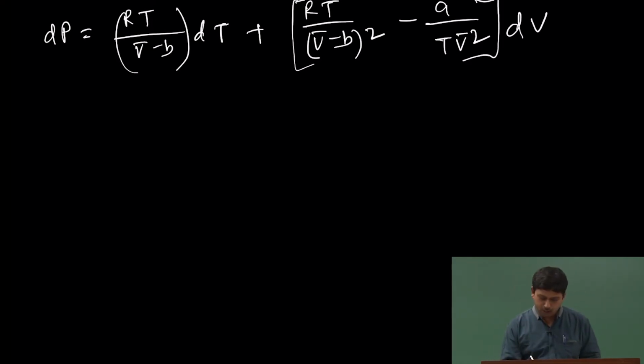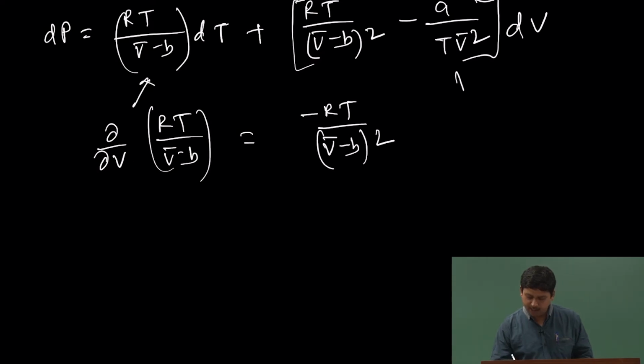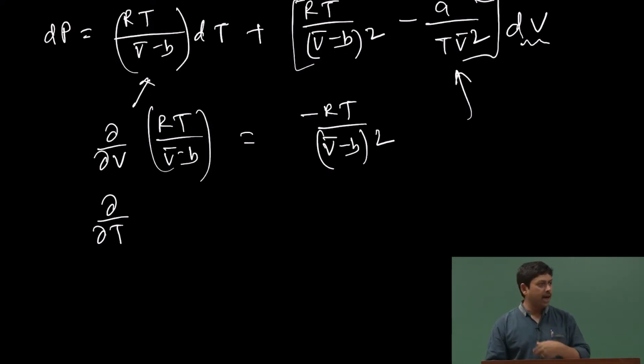So, for that what we have to do is take this quantity with respect to V. Del V of RT by V minus B is going to give us minus RT by V minus B square, and the right hand side we have to take with respect to T. You understand why I am doing that, right? Because since I have already V, I know that I have to do with respect to T. Since I have T, I know that I have to do with respect to V. It is like a two variable case only, right.